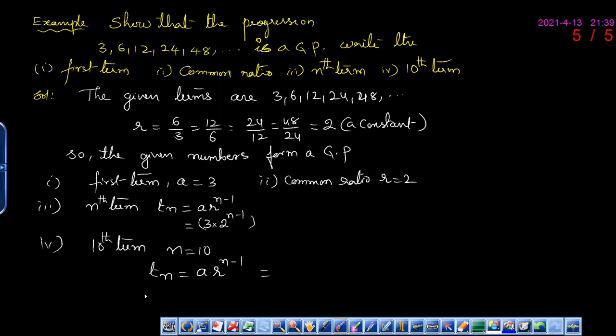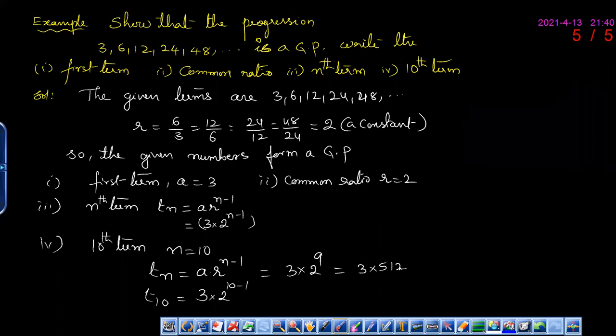So T10 is equal to, how much is A? A is 3, R is 2, 2 to the power 10 minus 1. So you will get 3 into 2 to the power 9.